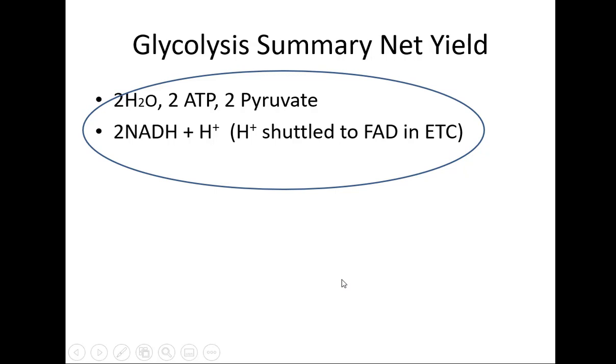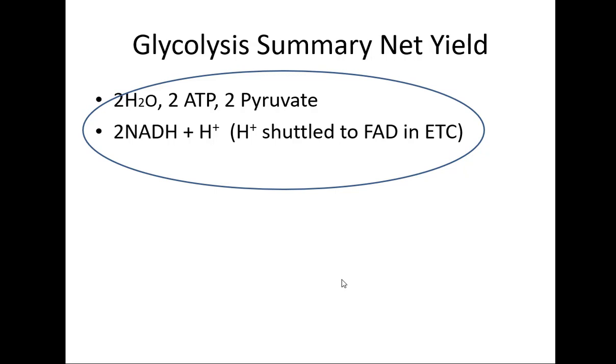So, glycolysis summary, net yield. This is an important part. I said net yield, not total yield. Do you remember the hexokinase reaction and PFK reaction consume 2 ATPs, right?